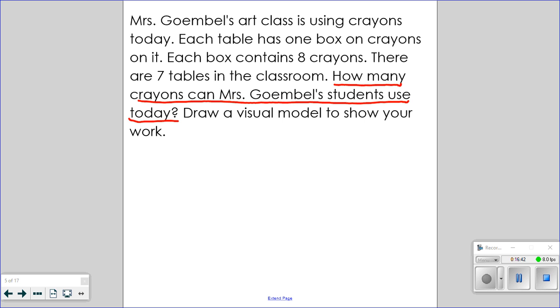Anyone want to try and make an answer sentence? Anybody want to try? Go for it. So that sounds like an equation. Remember, our answer sentence is our sentence with a blank for the answer. Nope, I haven't asked you to write anything yet.